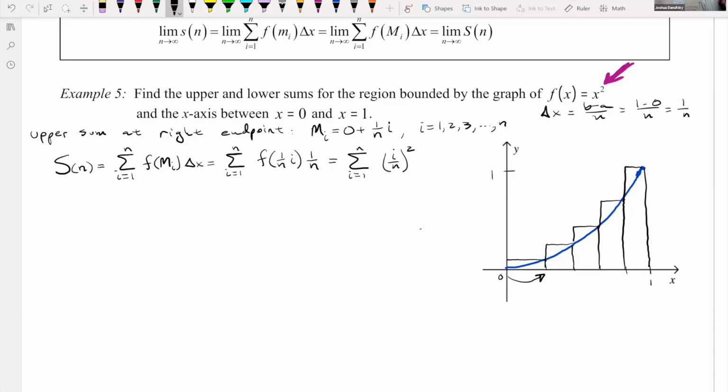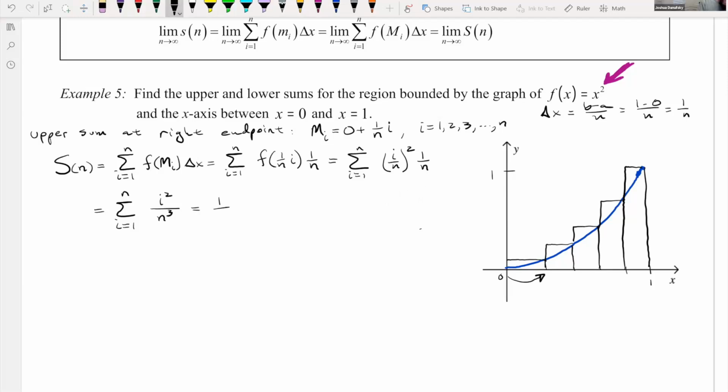That's using the function, squaring the x values to get the height of the rectangles, times the width, which is 1 over n. This, of course, will simplify into the sum i equals 1 to n of i squared over n to the third, right? Because here I have n squared, and then I'm multiplying by another n, so I have n to the third.